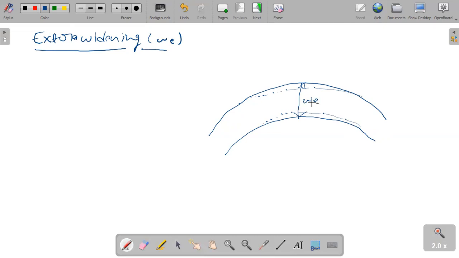This distance is extra widening. The additional width of carriageway that is required on a horizontal curve is referred to as extra widening. This is our expected curve, but this is the extra width of carriageway. So the extra or additional width of carriageway required on this horizontal curve is referred to as extra widening.